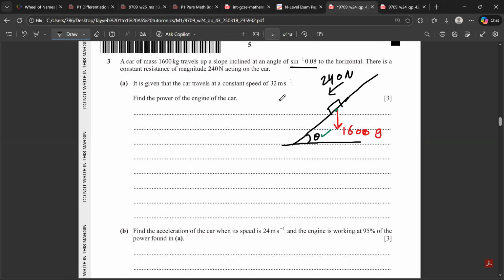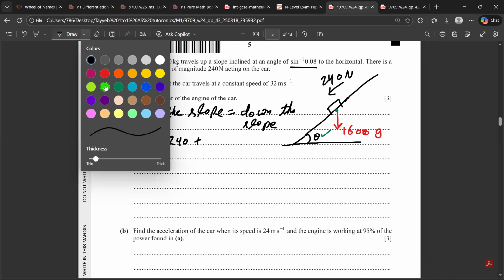So what we need to do, since it's constant speed, is there any acceleration? No acceleration. So that means upward forces are equal to downward forces. Up the slope equal to down the slope. Okay. So up the slope we have the driving force which we don't know, DF. But down the slope we have the resistance force 240, and then we have the weight component, right?